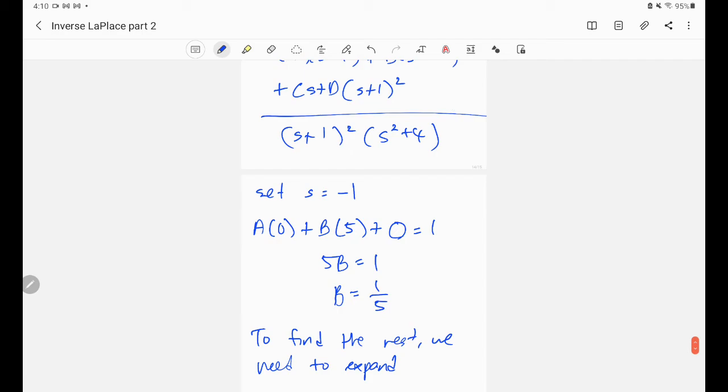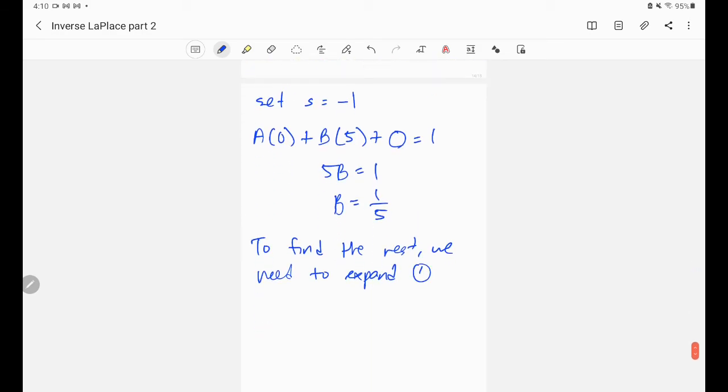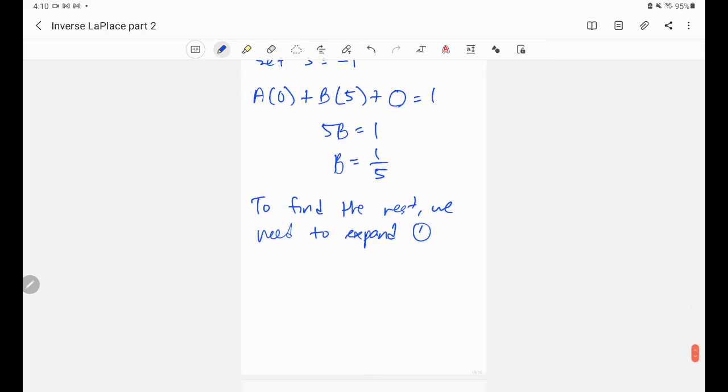Okay, we expand this equation. So once you expand, you will get this. It's quite long, this one.